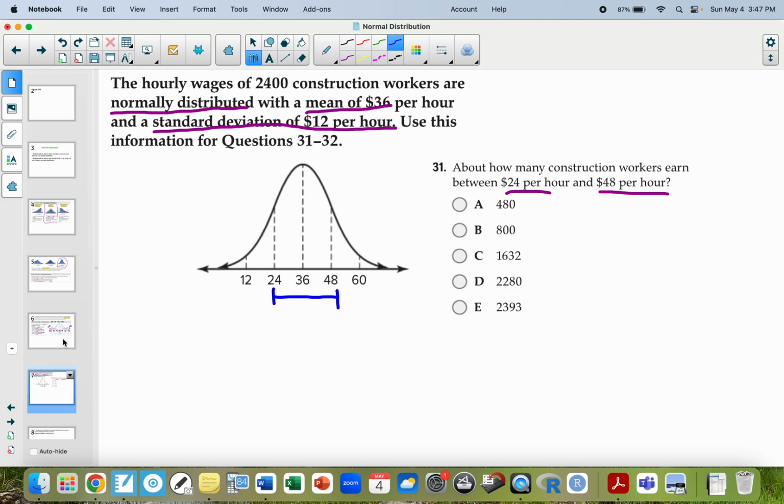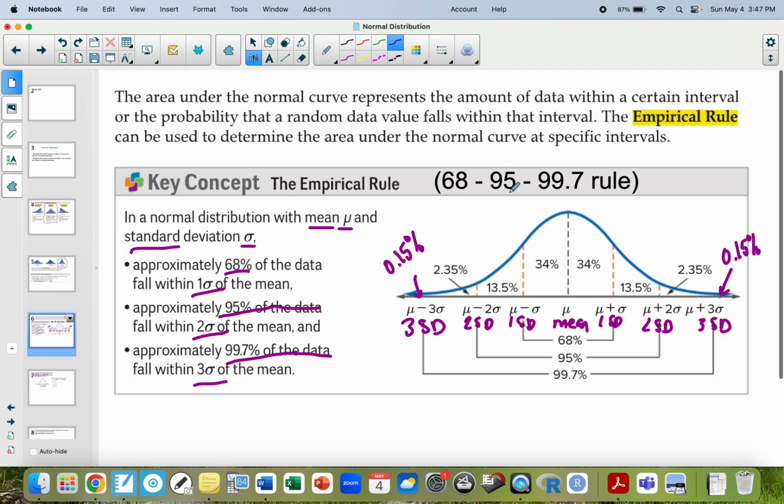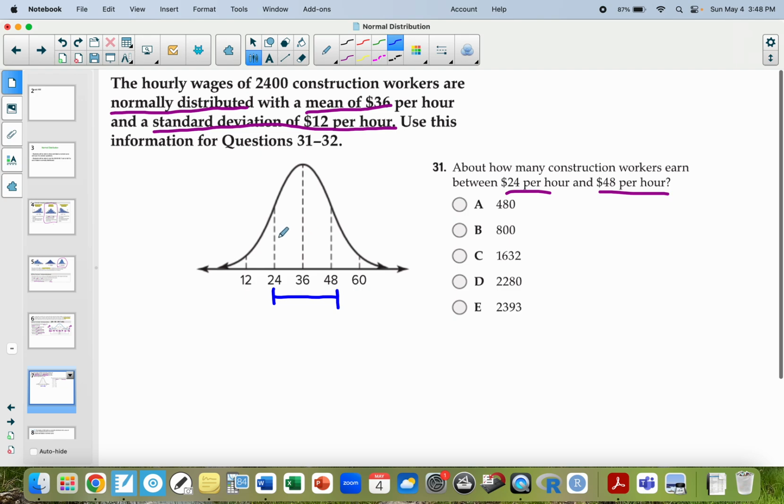Well, if we look at this empirical rule, the 68, 95, 99.7 rule, that told us that one standard deviation from the mean is 34% of my data. So this is 34% and this is 34%. Okay, so that is 68% of our data. Okay, so between $24 and $48 per hour, we're talking about 68% of our data.